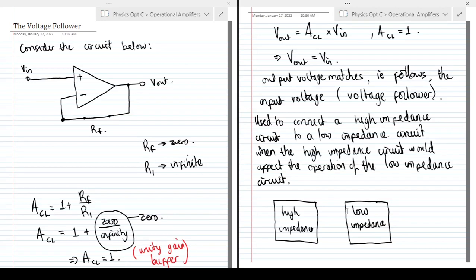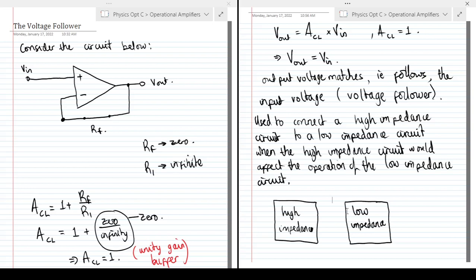So if you connect that low impedance circuit directly to the high impedance circuit, the high impedance circuit would load that secondary circuit, that low impedance circuit, right? Let's say you do not want the high impedance circuit to affect the operation of the low impedance circuit, right?